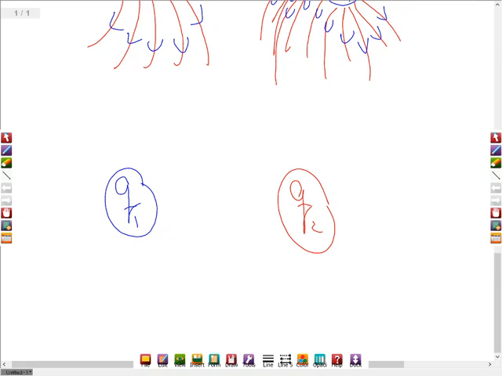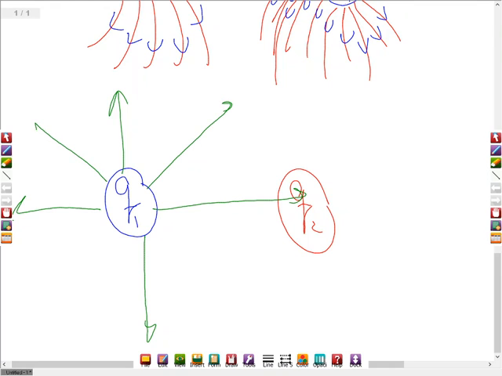Because when this guy comes from nowhere to Q1, Q1 has electric field lines. He comes into the field of Q1. It's like saying, don't come to my field. If you come to my field, I'm going to hit you with a force. These are the electric field lines of Q1.